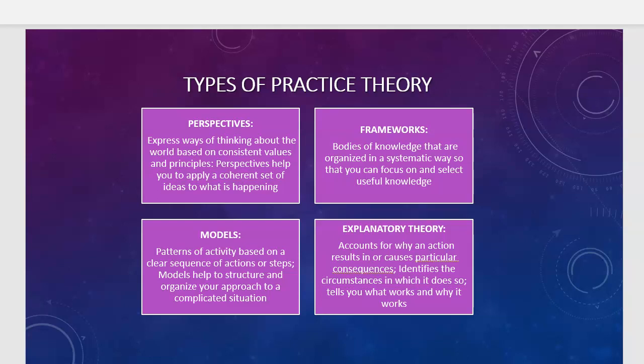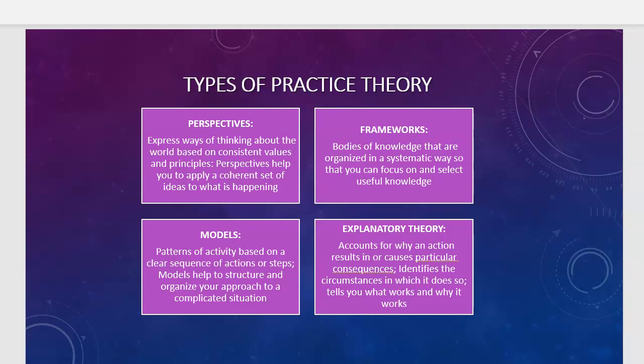Payne also identifies 4 types or 4 categories of practice theory. The first one is a perspective. A perspective is a kind of large approach, a way of thinking about the world that's based on values.